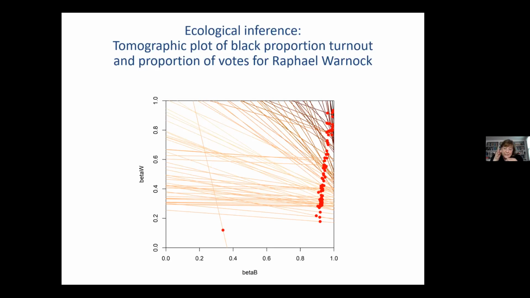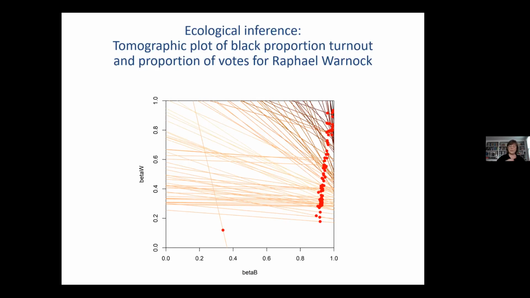And you can see that where the lines gather the most is over on the right-hand side of what's called, this is called a tomographic plot. And all of our points fall between 0.8 and 1.0. So we know that the estimate is going to be very high of the percentage of Black voters who supported Warnock.